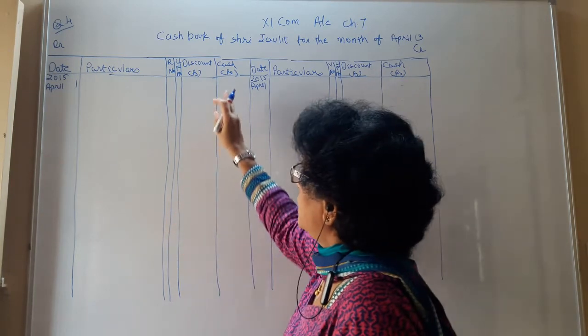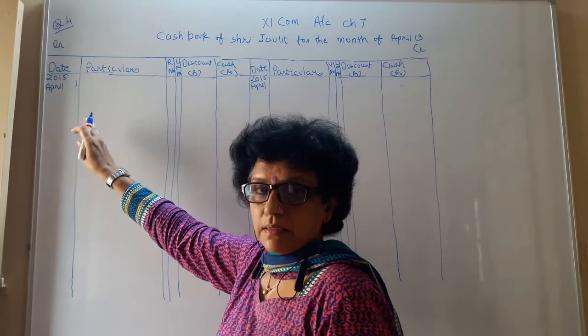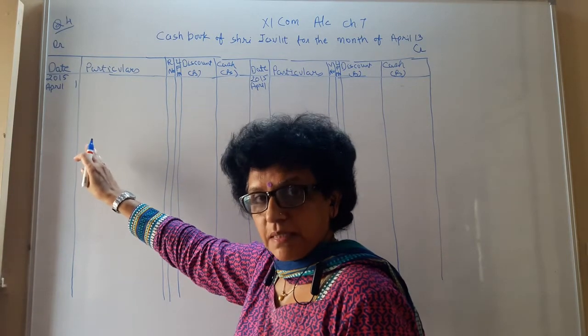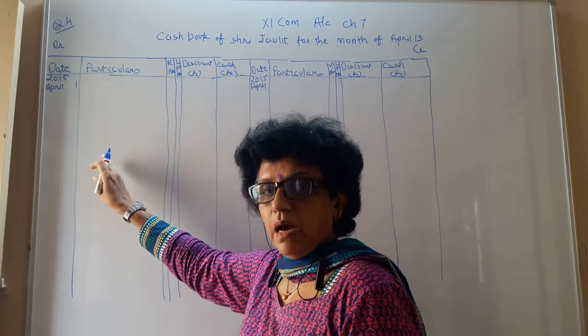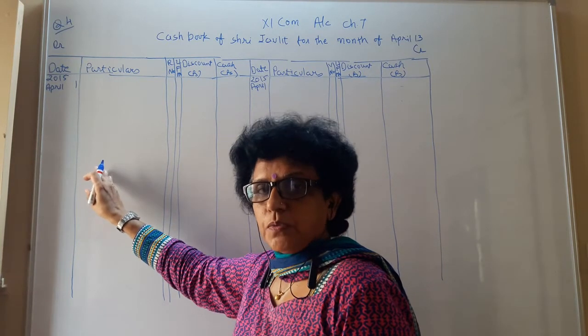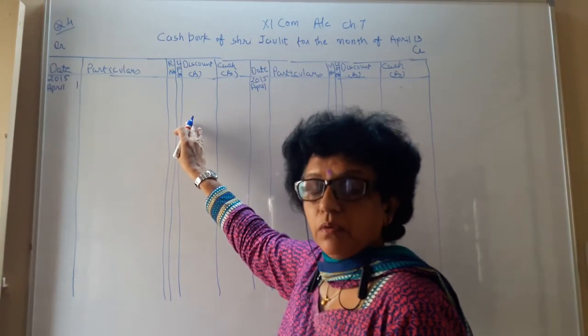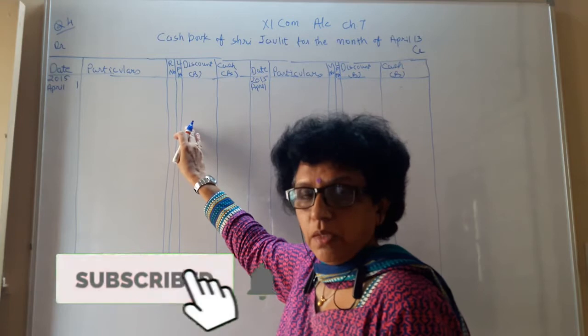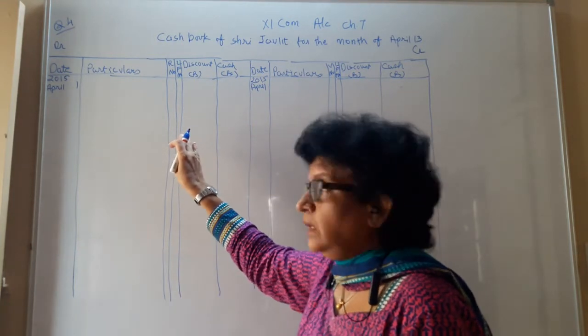So when you record the discount column on the debit side, that is considered as what discount you give at the time of sales, that is discount allowed, which becomes an expense for you. So the discount column here is ruled by the nominal account: debit all expenses and losses, credit all income and gain.